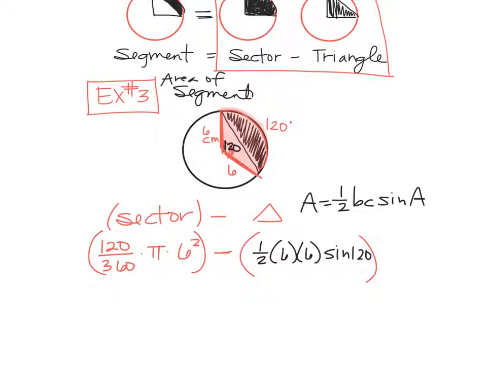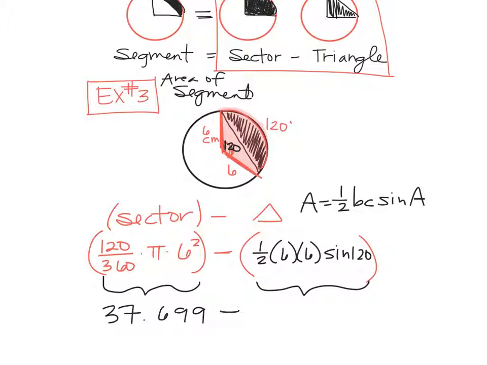What I would do if I were you is not plug it straight into your calculator, because your calculator is going to get it wrong unless you do parentheses perfectly. If I were you, I would plug this in and then subtract it by whatever this came out to. So if you plug in 120 divided by 360 times pi times 6 squared, you get 37.699.